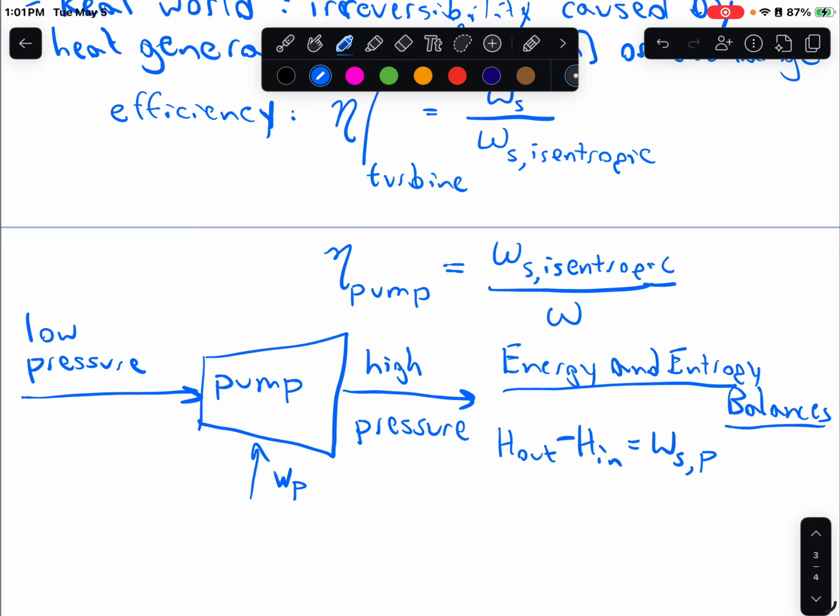No heat exchange for an adiabatic pump. S out minus S in equals 0, which is also equal to delta S of the surroundings in the isentropic case.